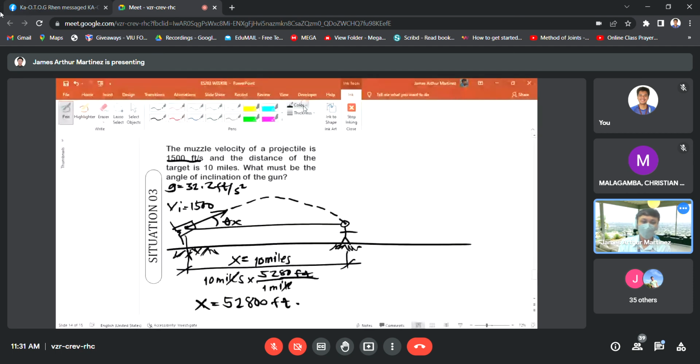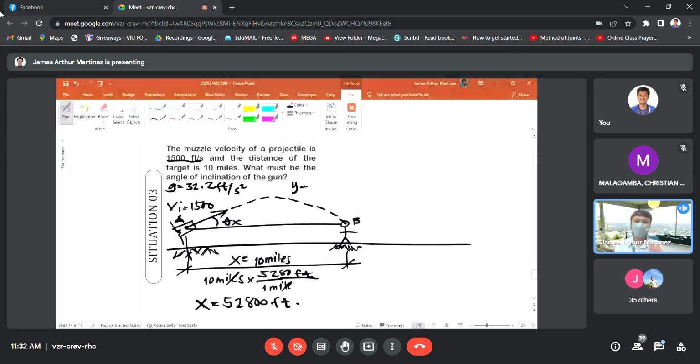First, notice that your particle, let's say from this point, we denote as point A, and then point B, they are co-linear with each other. So they are on the same elevation, which means that our value for y is equal to 0. Y is just equal to 0.